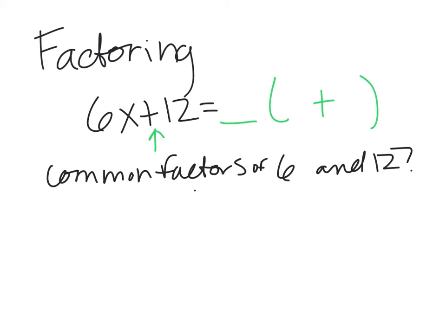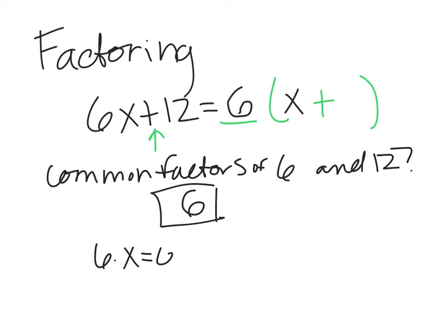I notice that 6 is a common factor of both. So I'm going to put 6 out here, and then I think about what would it need to be multiplied by? 6 times what would give me 6x? Well, 6 times x would give me 6x. And 6 times what would give me 12?